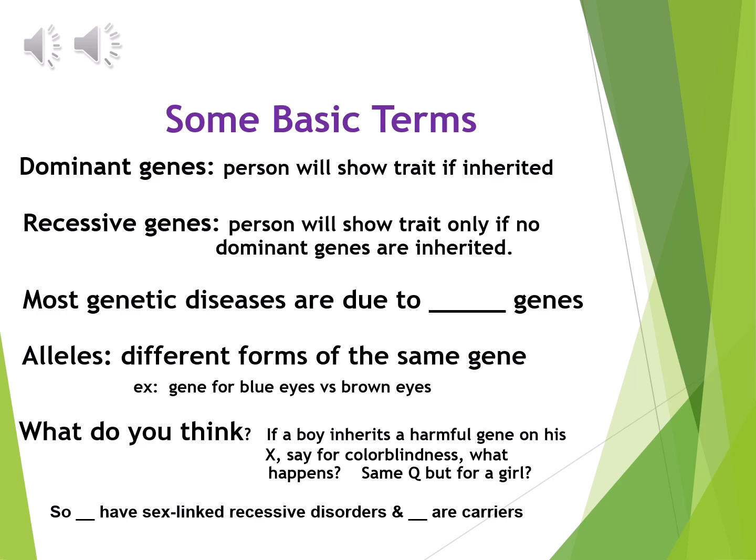Dominants are expressed if the person inherits at least one dominant gene. Recessives are only expressed if no dominants are inherited to mask them. You should also know that most genetic conditions are due to harmful recessive genes.